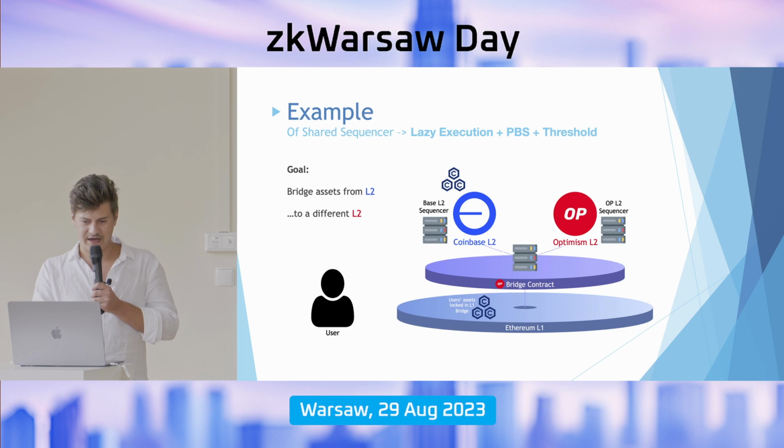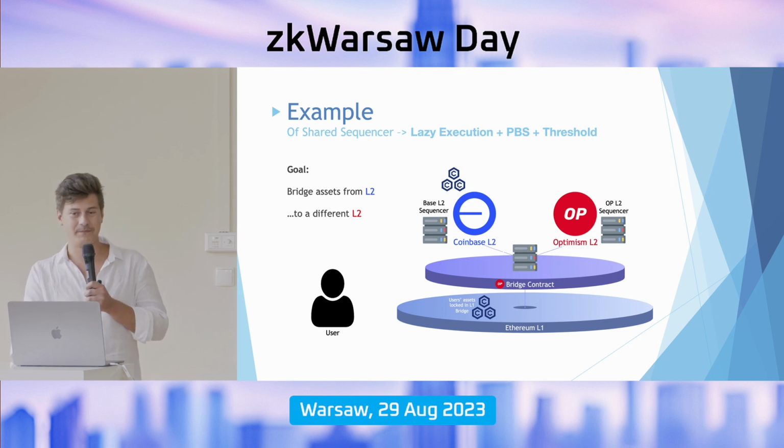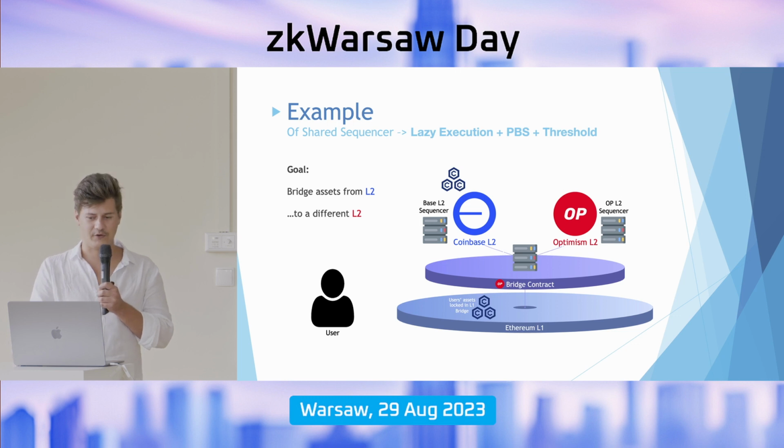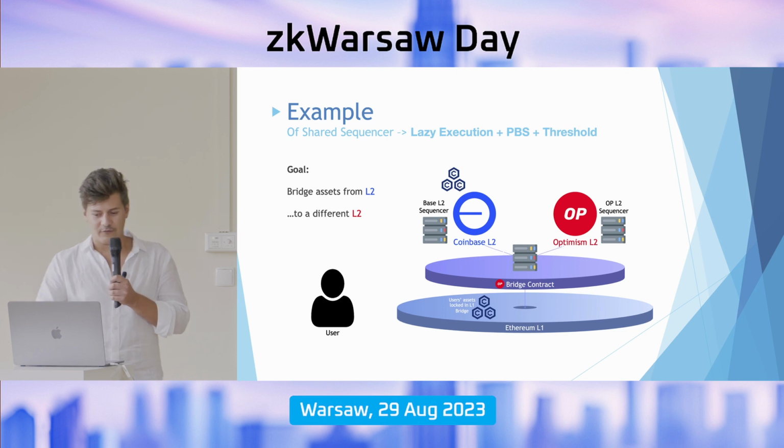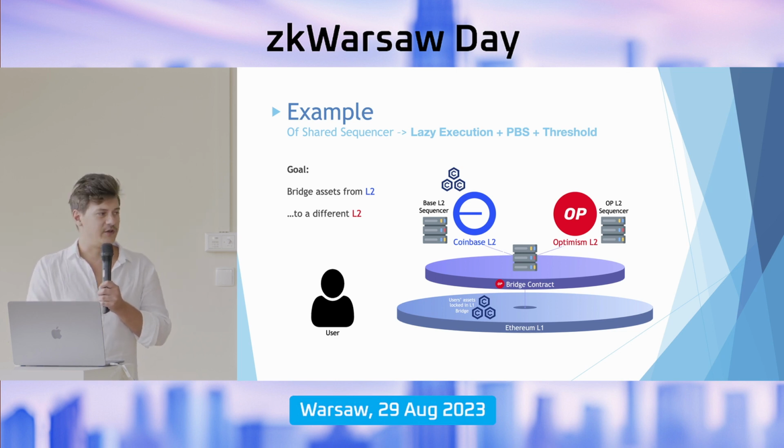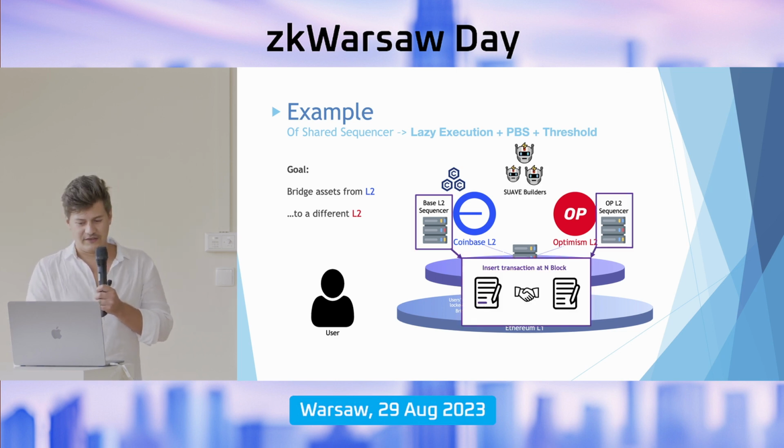So now we can have lazy execution plus proposer-builder separation plus a new transaction type called a threshold encrypted transaction. And essentially, you submit your transaction, the block header is still public, but you encrypt the block body, right? And then in block n+1, so the next block, essentially they agree to reveal the transaction.